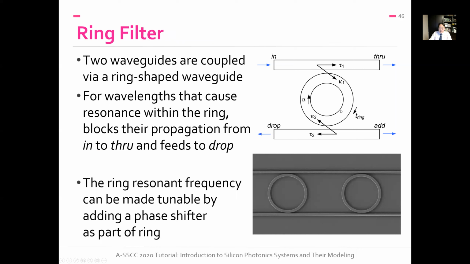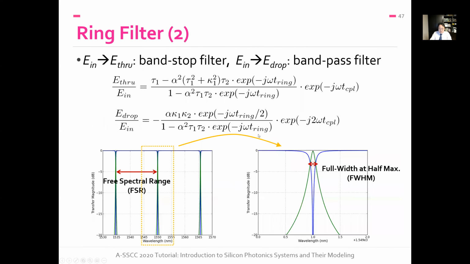Once this ring has some energy within it, some of it can be coupled onto the second straight waveguide on the other side. So this structure is called a ring filter because it can select one particular wavelength of the light from the incident and propagate it to the other waveguide.